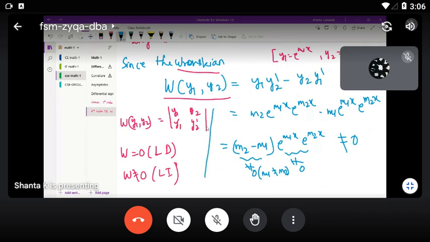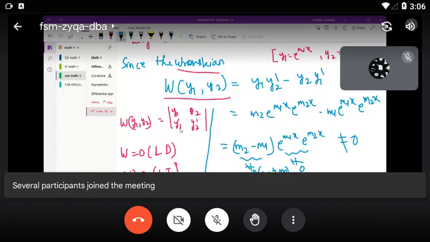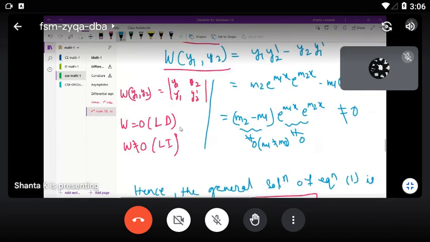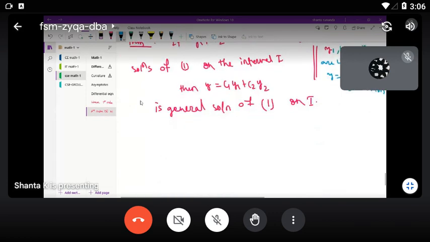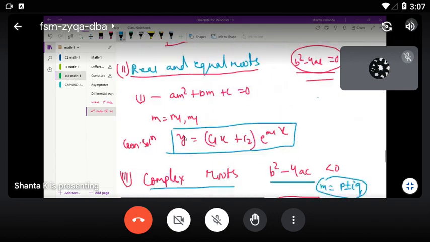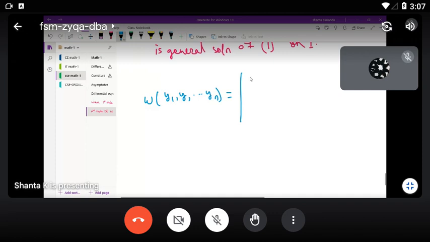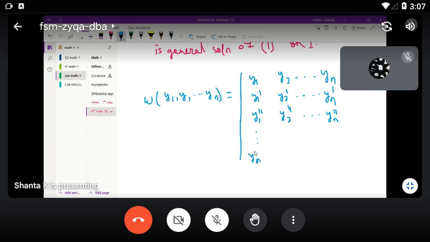For y1, y2, we have the determinant of y1, y2, then the first order derivative, then the second order derivative. Normally you can find it up to the nth one, since we have n, so we go up to n minus 1 derivatives. This is the Wronskian.